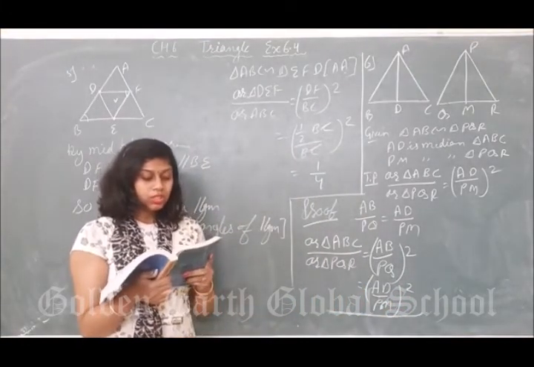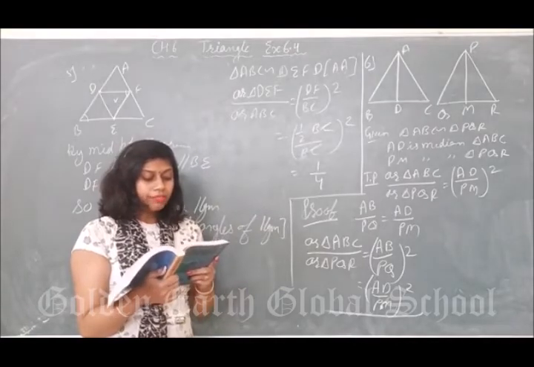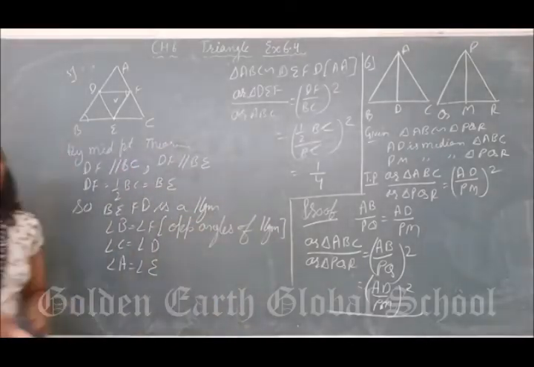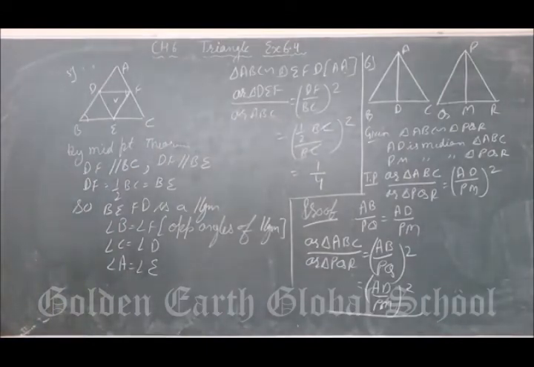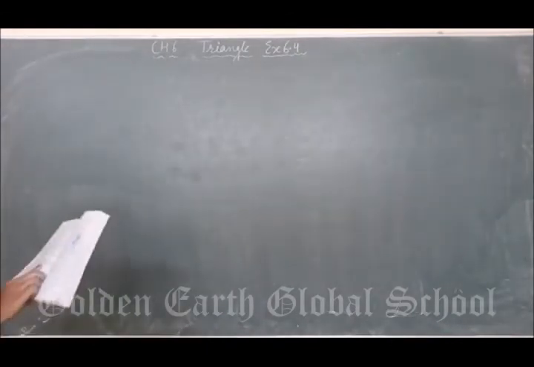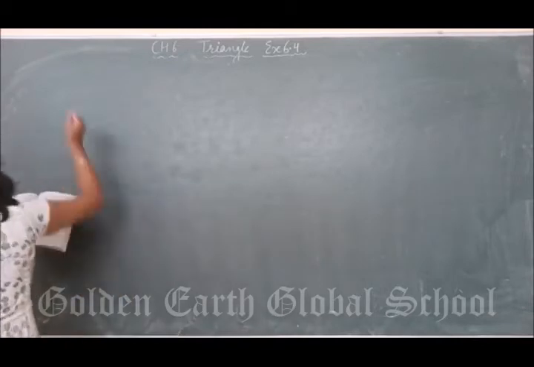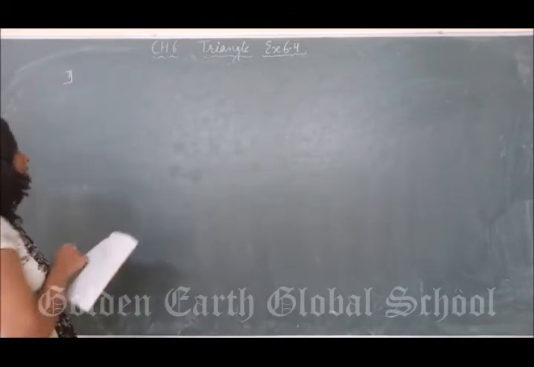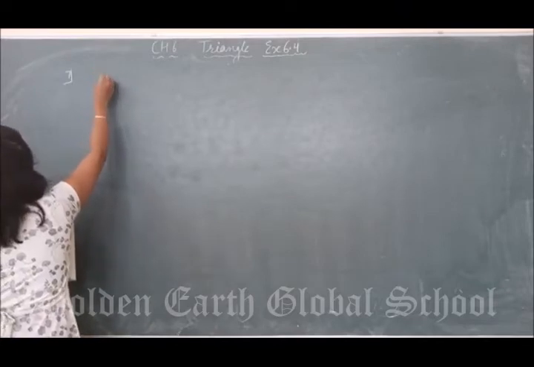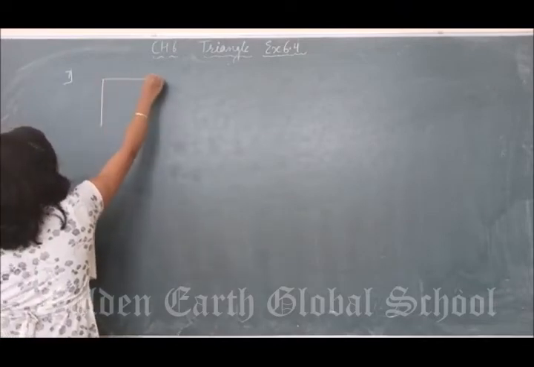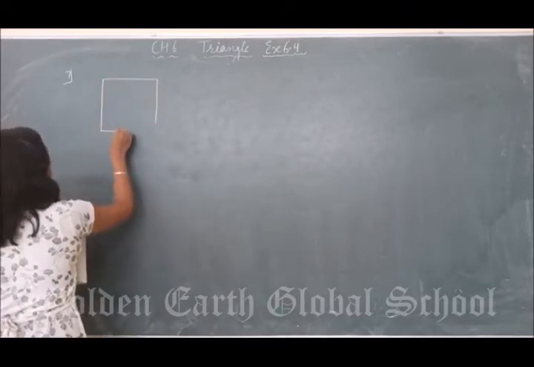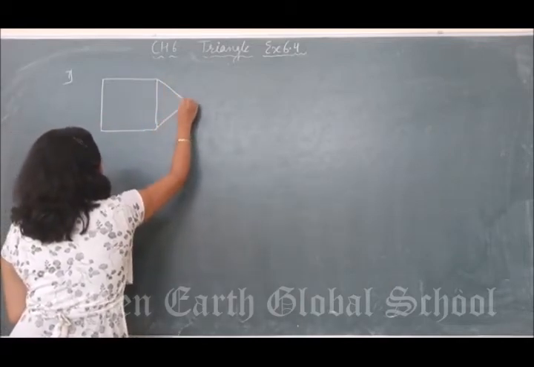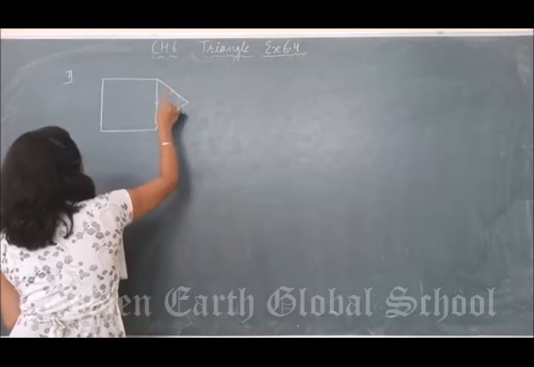Next, 7th question. Prove that the area of an equilateral triangle described on the side of a square is equal to half of the area of the equilateral triangle described on one of its diagonals. Firstly, draw the figure. Draw a square. Draw an equilateral triangle on one side of the square, so all the sides are equal.